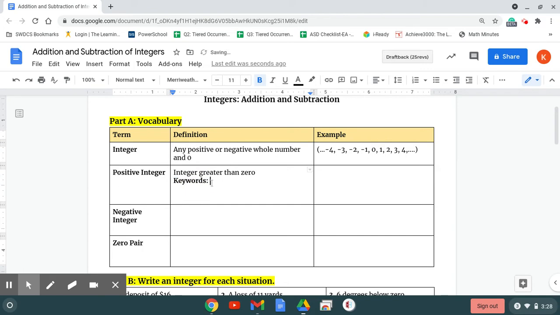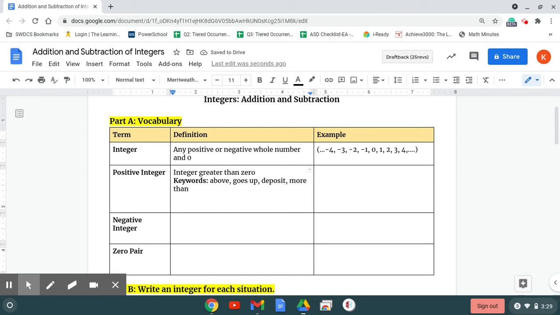What do you think some key words for positive integers could be? Anything that means it's going up. Some examples are above, goes up, deposit, more than.